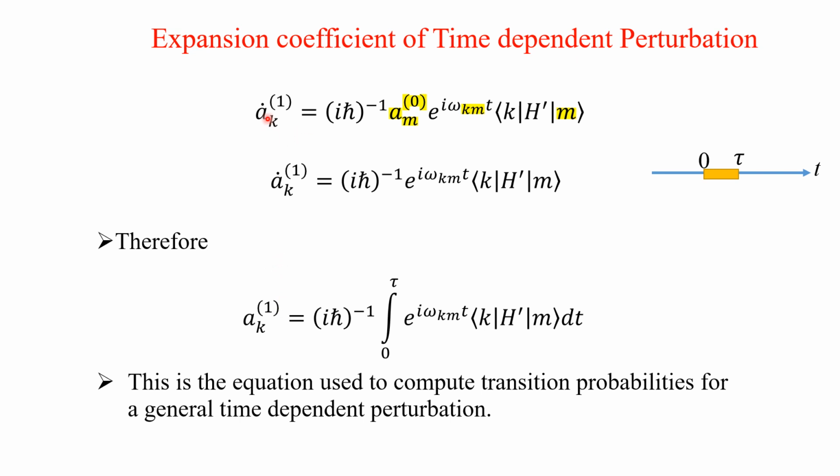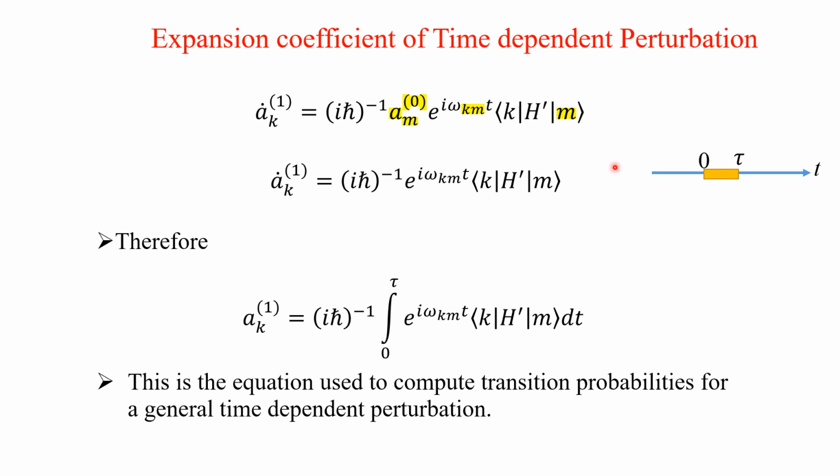So now we got this expression: ak dot 1 is equal to i h cross inverse am 0 e power i omega km t, bra k h prime ket m. And we assumed, which is a reasonable assumption, that am 0 is 1. So this expression can be reduced to ak dot 1 is equal to i h cross inverse e power i omega km t, k h prime m.